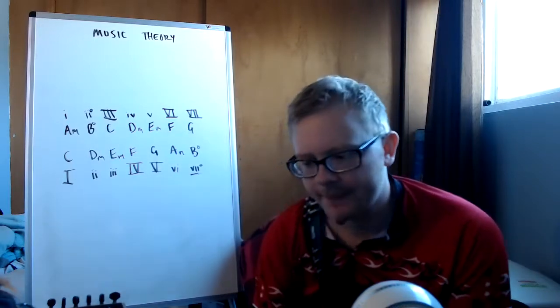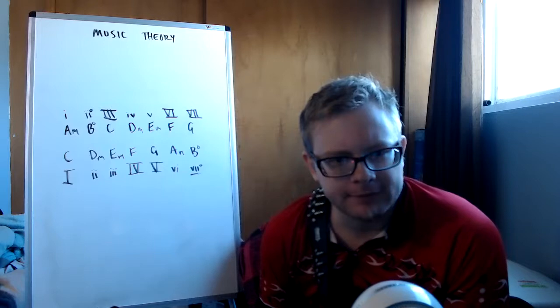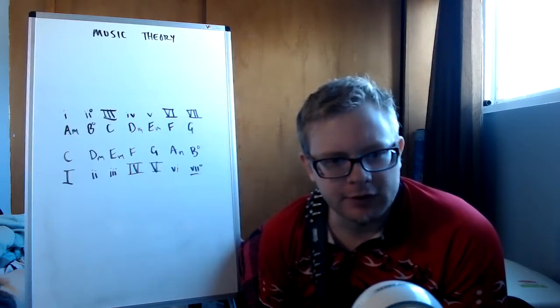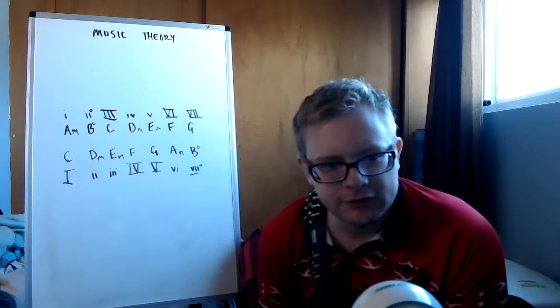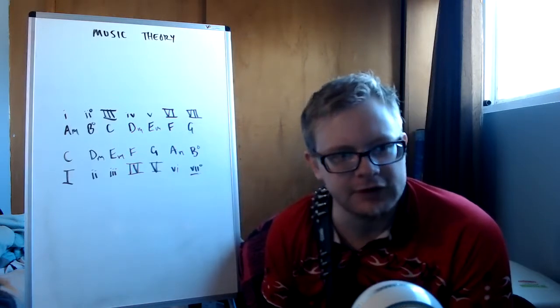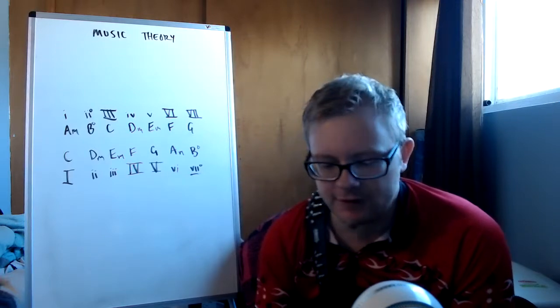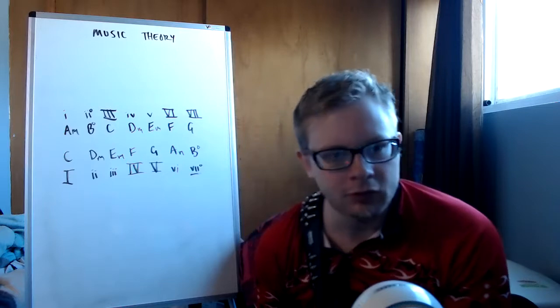Now, I'm going to make one more video on the concept of how to choose these chords in a specific order that's going to make it sound good. But for this video, I think I've sort of demonstrated enough. This is the random order chord progressions video.